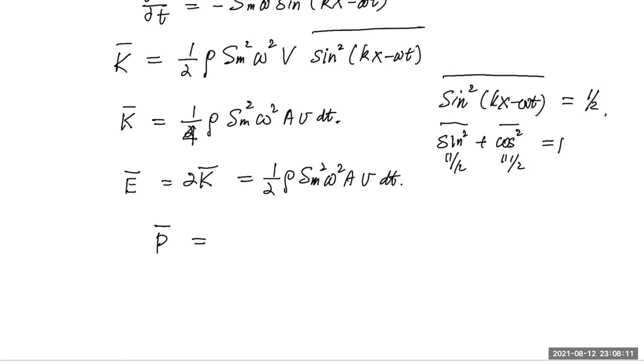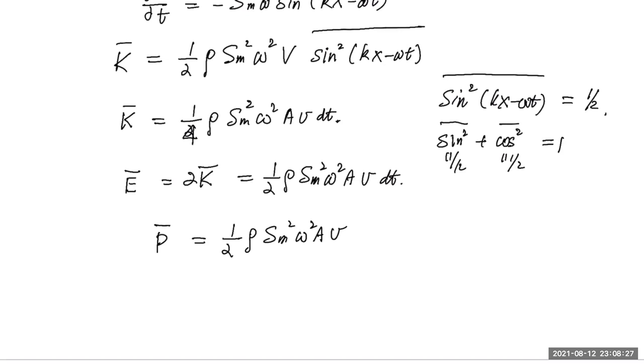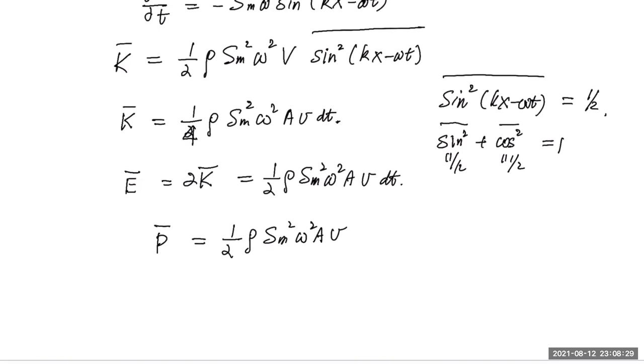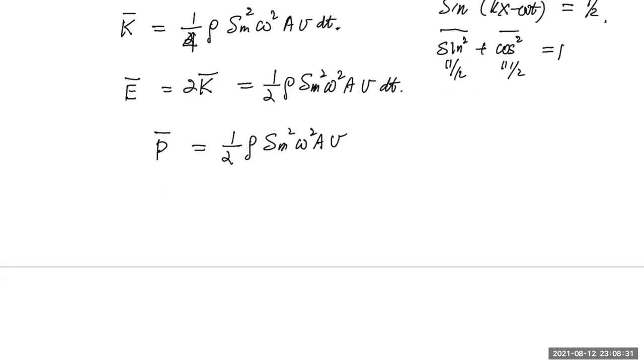Just divide this by dt, so you get 1/2 rho s maximum squared omega squared A v. There's no dt anymore. Furthermore, if you divide both sides by the area, then you get the amount of power passing through per unit cross-section area, and that, by definition, is called intensity. So the intensity is the concentration of power over the cross-section area.